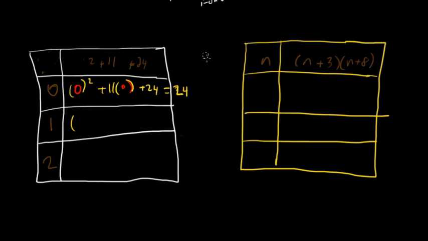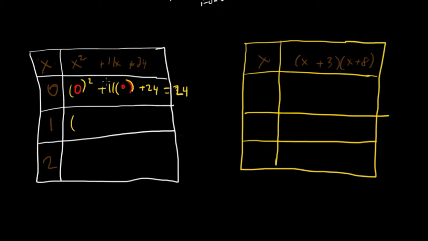Our variable should be x, not n. So if I'm getting you confused, just know that instead of the variable being n, we're actually making it x plus 11x. Okay, then this should be x, x, and x.